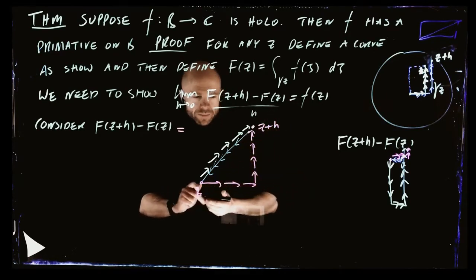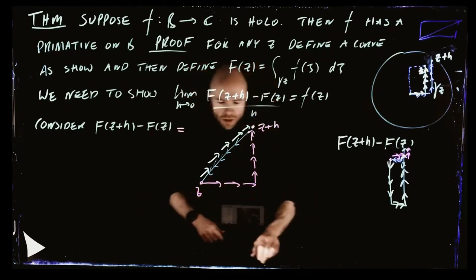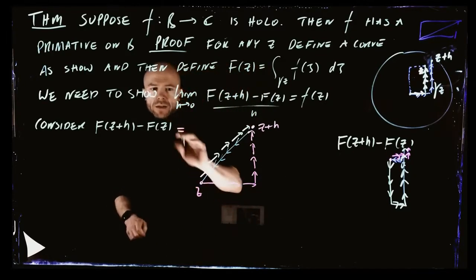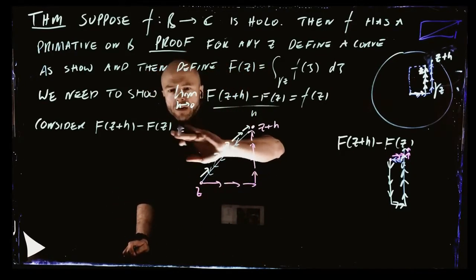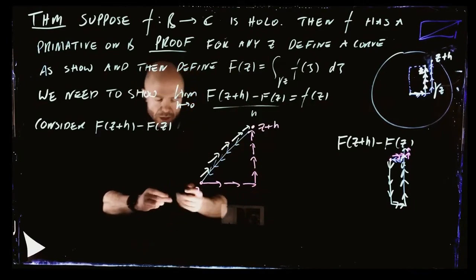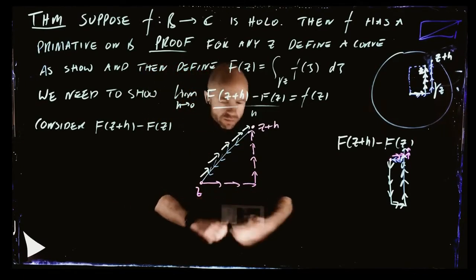Cool. All right. So what that means is that we can explicitly write out what this thing will be as a nice simple contour.